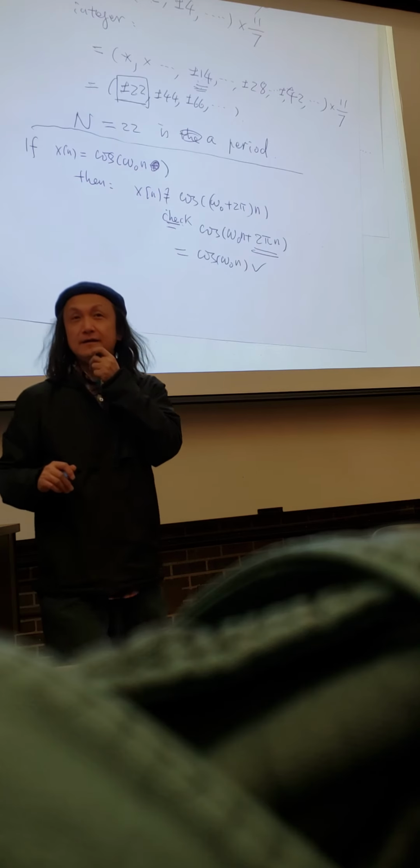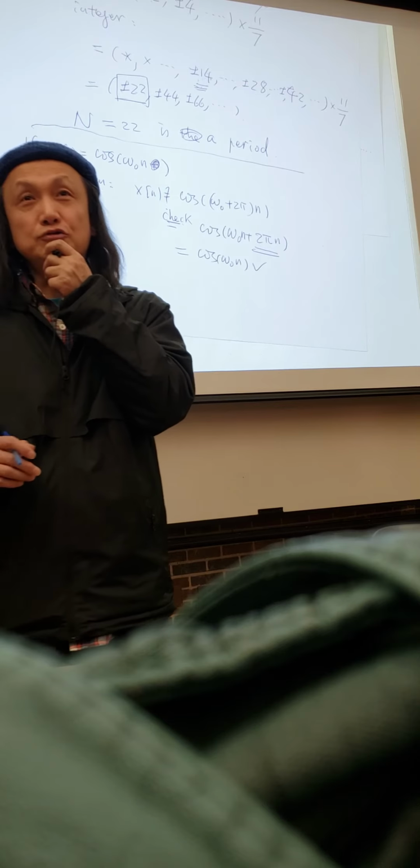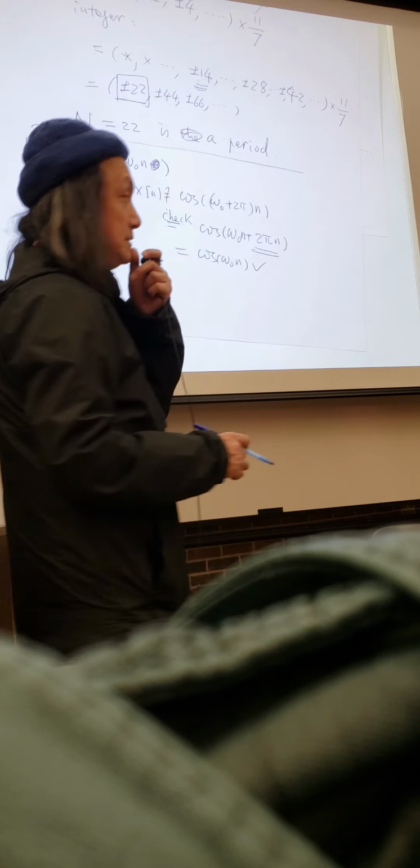So for the frequencies omega naught and omega naught plus 2 pi: for a cosine signal, omega naught is the frequency, and this is also a frequency. These two frequencies are the same. Does it make sense? Yes, the values are the same. But in a continuous time signal, if you add 2 pi or anything to the frequency, you will have a different frequency.